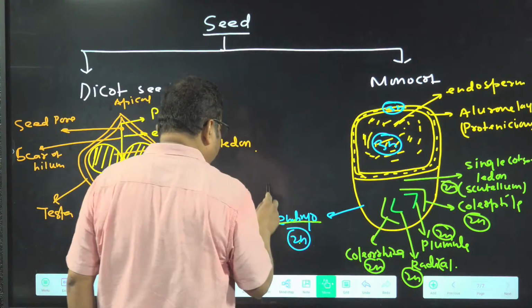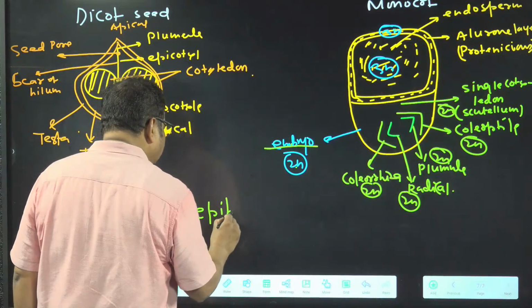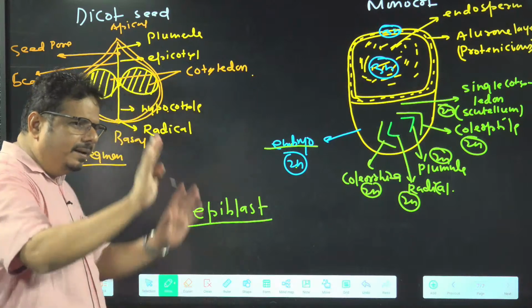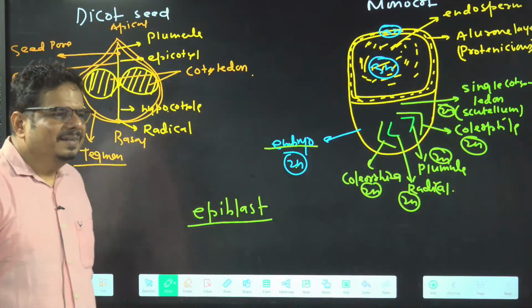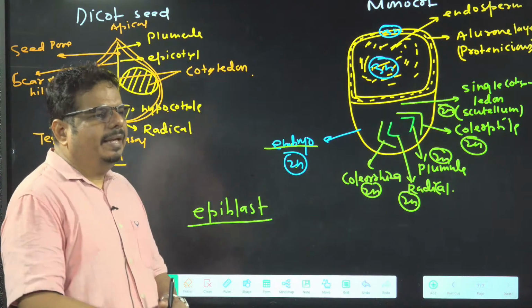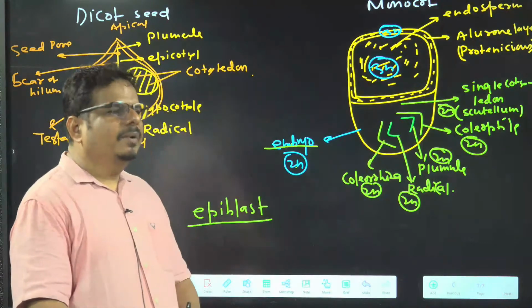Now I am asking a small question. I am expecting you will answer it. I am asking, epiblast. Do you know what this is? Somewhere either in first year or second year NCERT it is written. Anybody can tell me what is epiblast? Once a question also came in the AIIMS entrance when it was separate: what is epiblast?